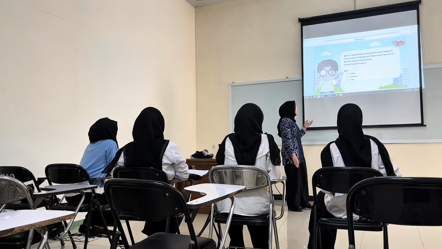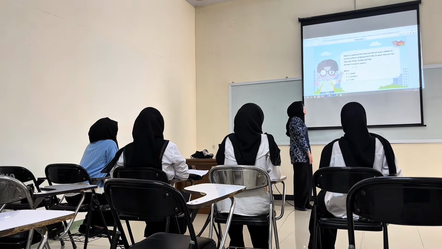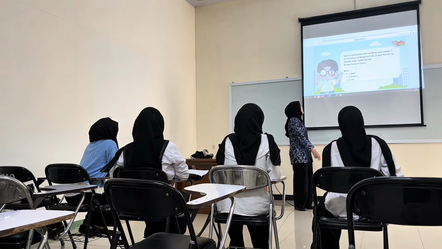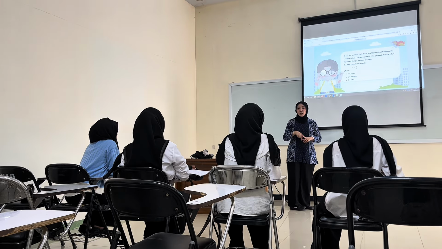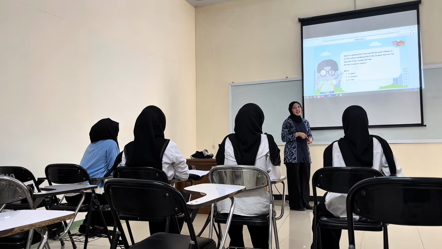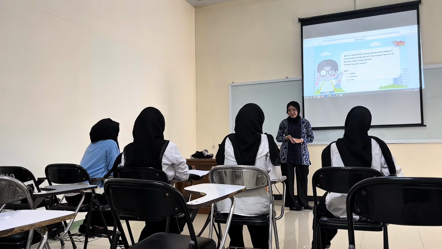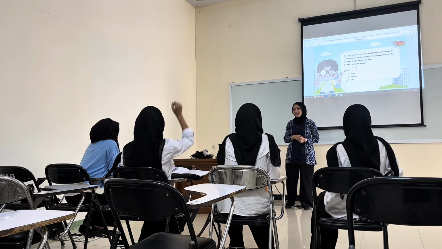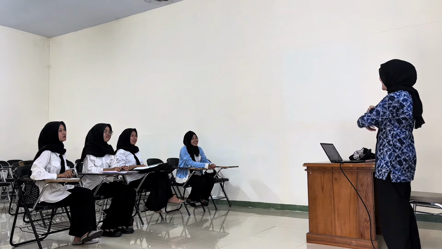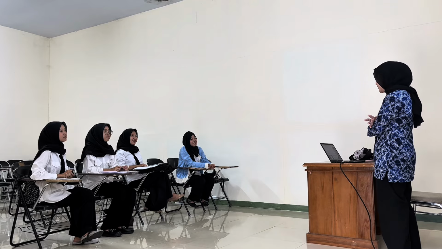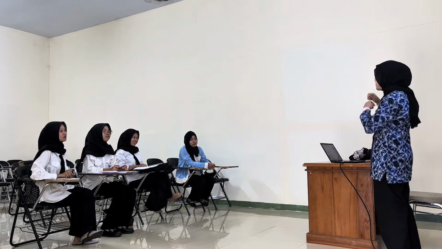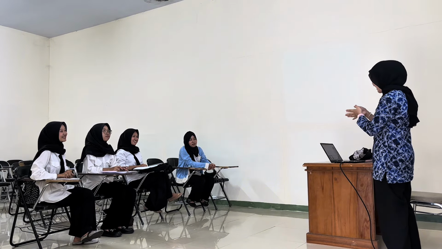In speed, there are two important things: distance and time. The main formula for speed is V is equal to S per T, where V is equal to speed, S is equal to distance, and T is equal to time.